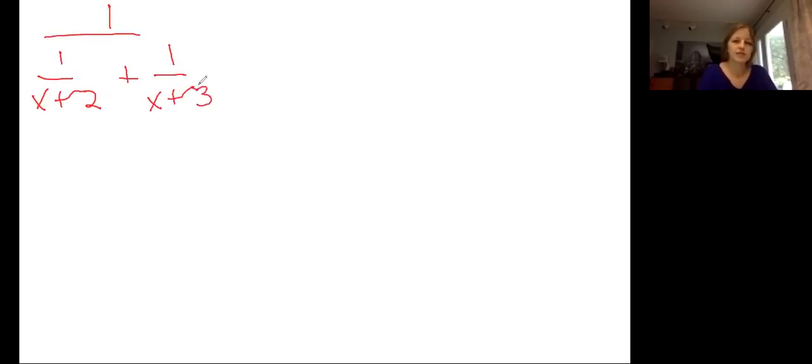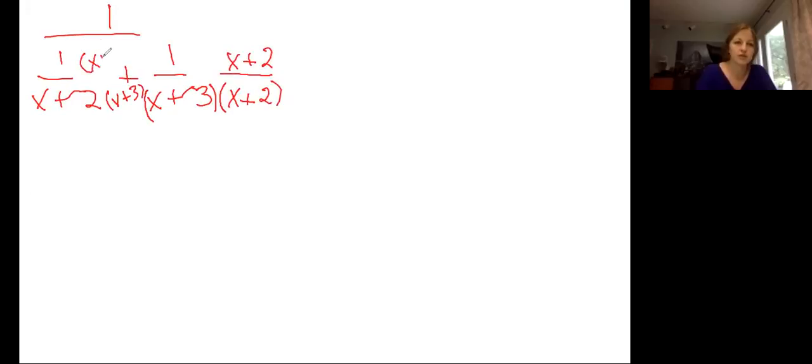Now remember, we said that the only way you can add fractions is by having a common denominator. We don't have a common denominator right now. So what we have to do is we have to make one. And we would say that the common denominator is x plus 2 times x plus 3. Just like we did with the other one with numbers. So if I'm multiplying the denominator by x plus 2, I have to multiply the numerator as well. And same thing over here. We have to multiply this one by x plus 3.